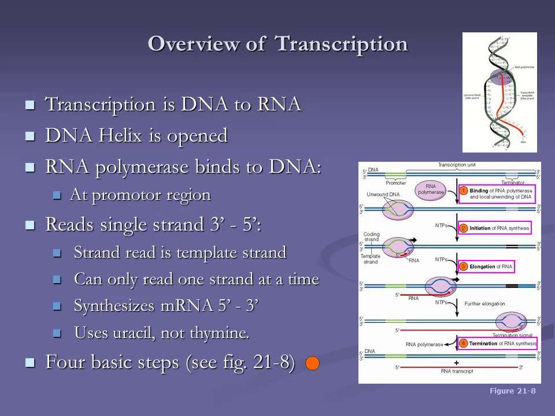Once again, let me point out, in our template strand, which is 3' to 5', that's the direction polymerase is going to move along the template, so it can assemble the messenger RNA molecule 5' to 3', because that's the only orientation with which we can assemble nucleotides.